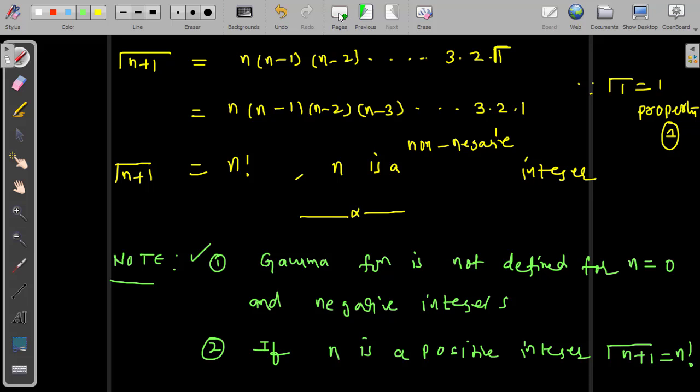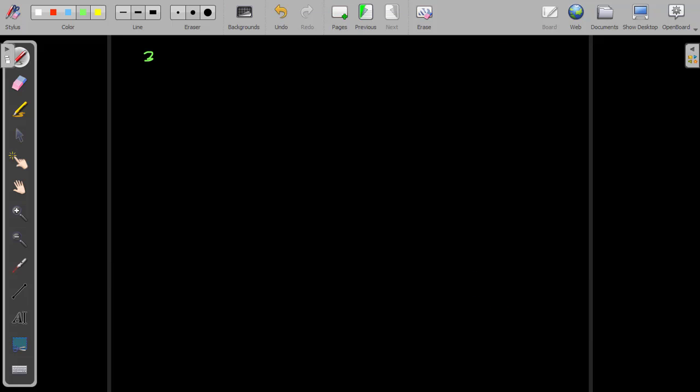Now the next one is, if n is a positive fraction. Here the n value is a positive fraction.